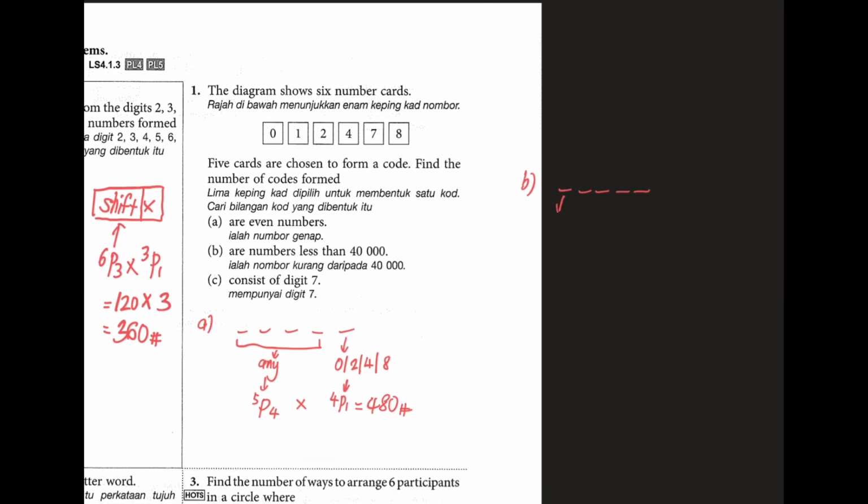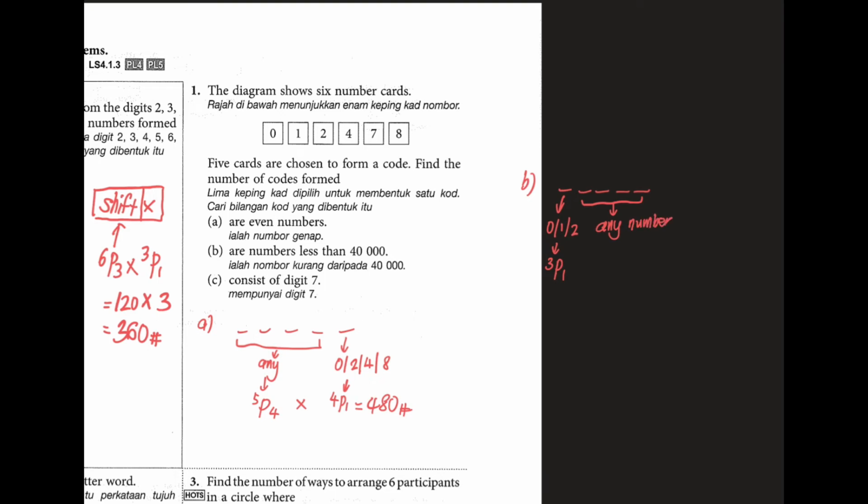To be less than 40,000, the first digit can be 0, 1, 2. Okay, so you have 3 choices. We call it 3p1.